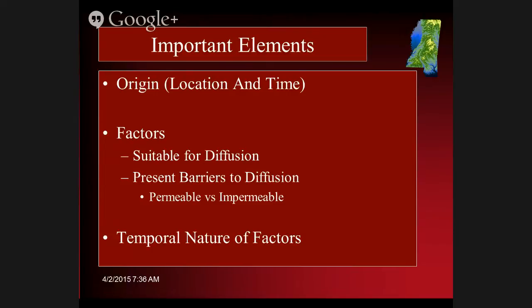It won't be able to grow. So your data also has to have a temporal nature to it. You can't have a single input unless that input never changes over time. So if you can assume that that particular input layer is constant, then you don't really need a temporal set of data. But if something like temperature is changing at every time step, you need what those values would be at every time step.